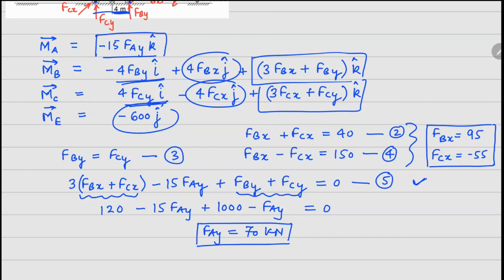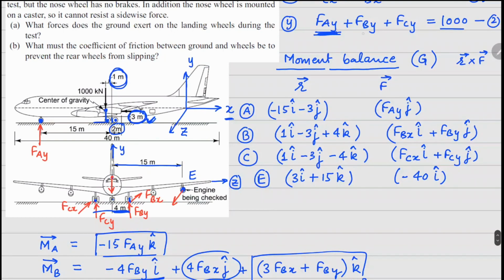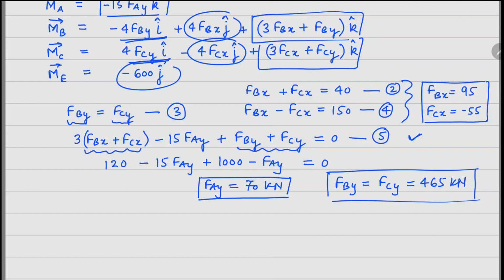Now the last unknowns, which are FBY and FCY. If I substitute the value of FAY in this equation, and we know that FBY is equal to FCY, with this we can solve FBY equals FCY equals 465 kilonewtons. So these are all the forces that are acting on the wheels.